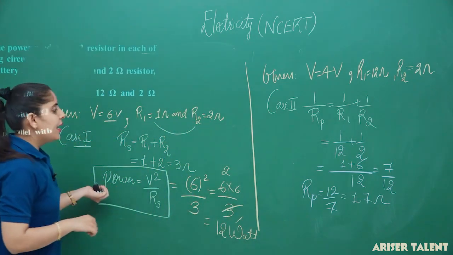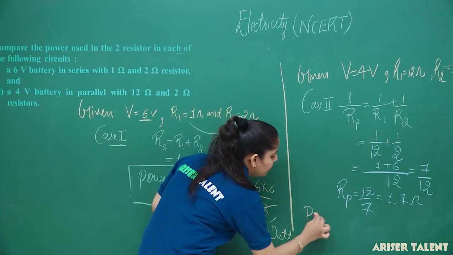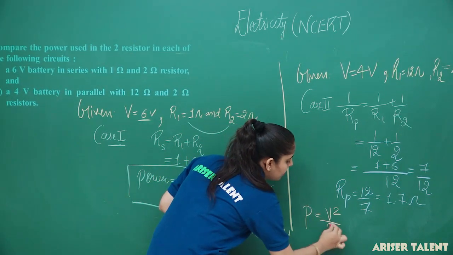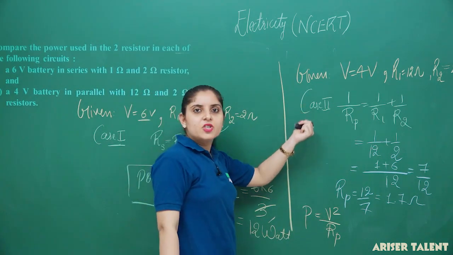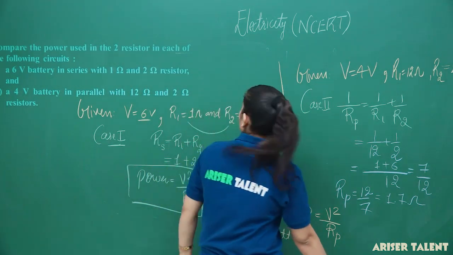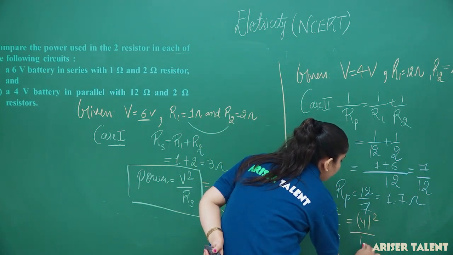Now again calculate the power in this case. So again applying the formula of power, we will get V square upon Rp. Why am I using Rp? Because it is a combination of parallel resistances we have. Voltage here is 4 volt, so it means 4 square upon 1.7.